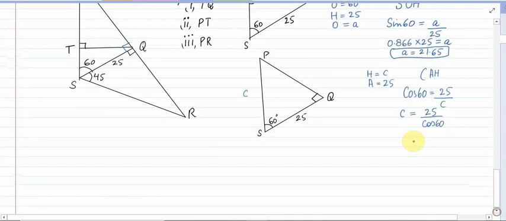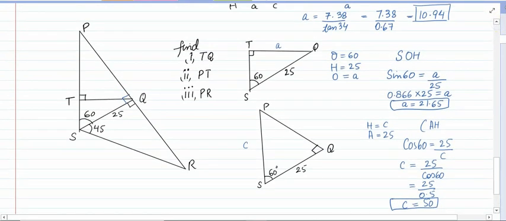Cos 60 is basically 0.5. So 25 divided by 0.5 gives you the value of 50. Right?